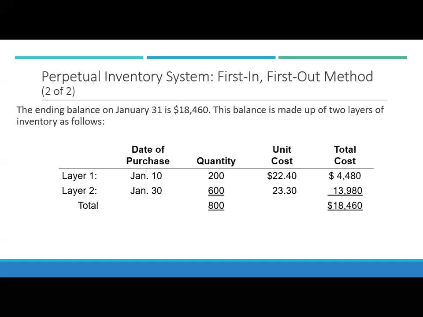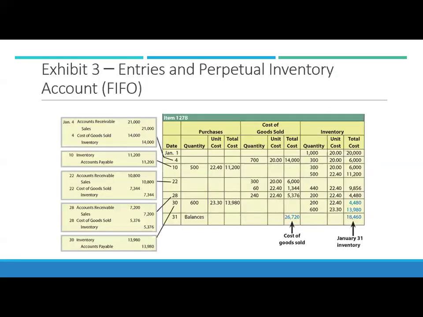If we add those up, cost of goods sold and ending inventory, it is always going to add up to our cost of goods available for sale. And that is, if we took the total amount of the purchases, if you remember from the periodic method, beginning inventory of 20,000 plus the purchases of 11,200 and 13,980, we're going to get about $45,000. That's our cost of goods available for sale.